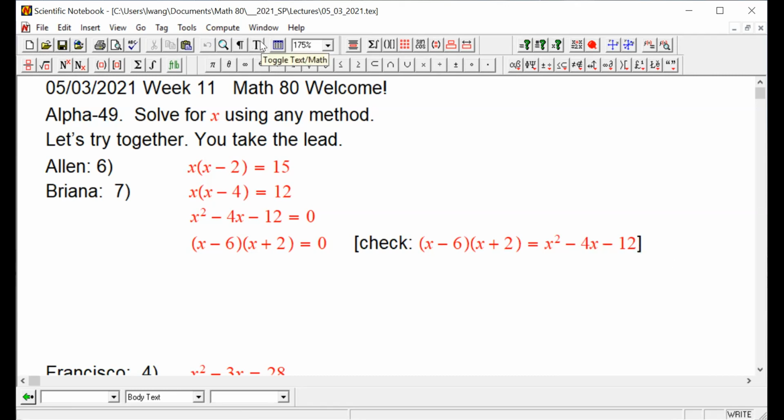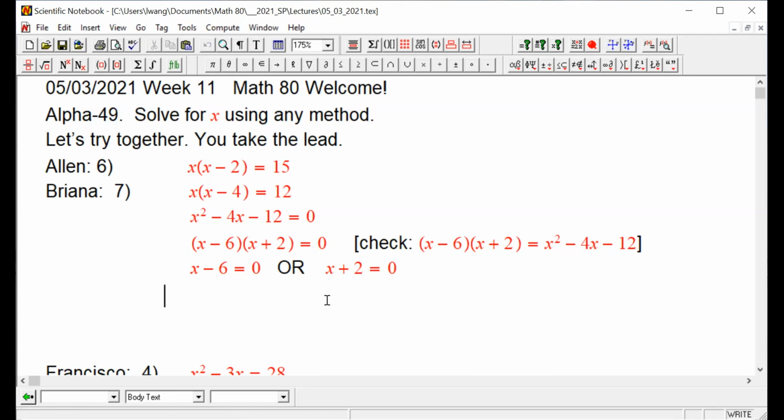Next, you want to keep the whole body of your work together. So you would get x minus 6 equals 0 or x plus 2 equals 0.